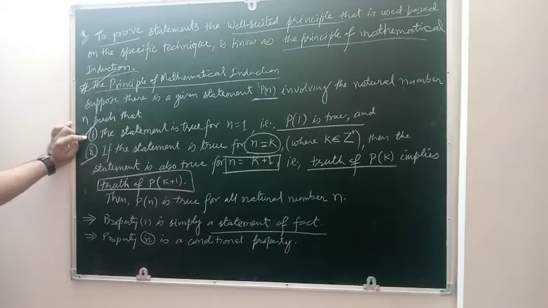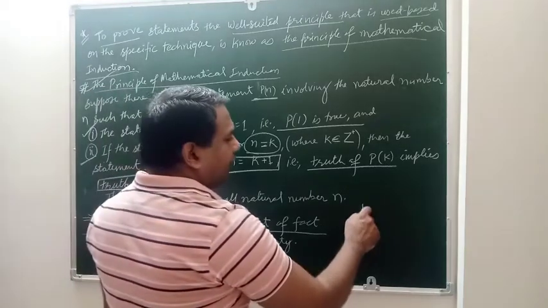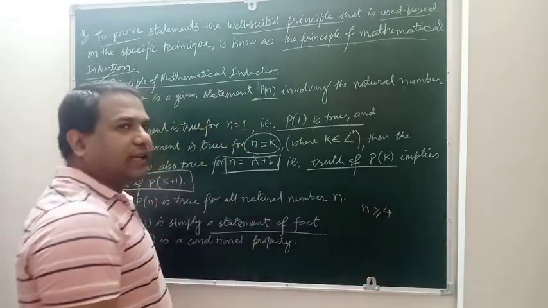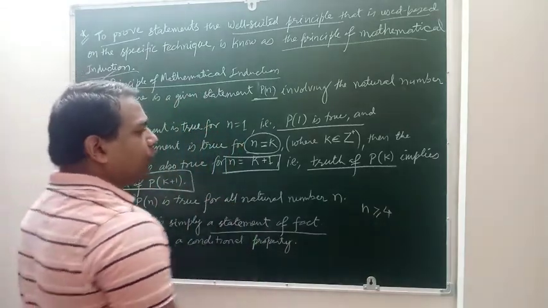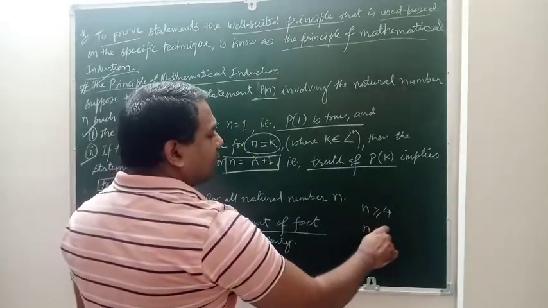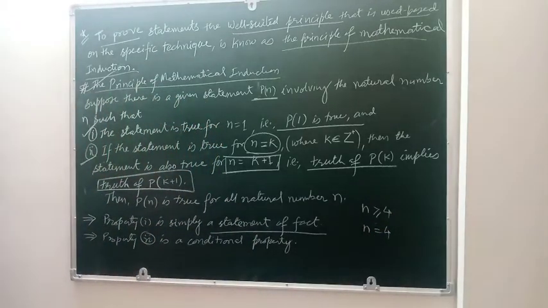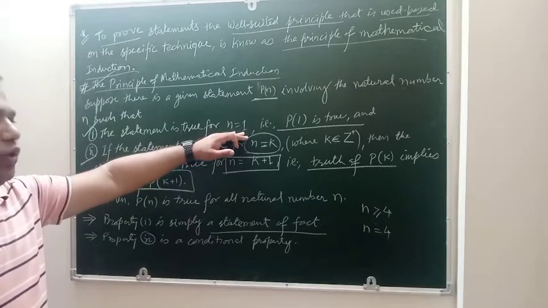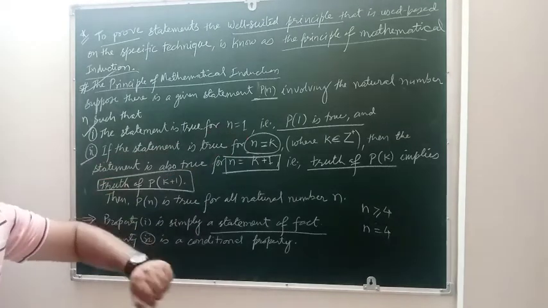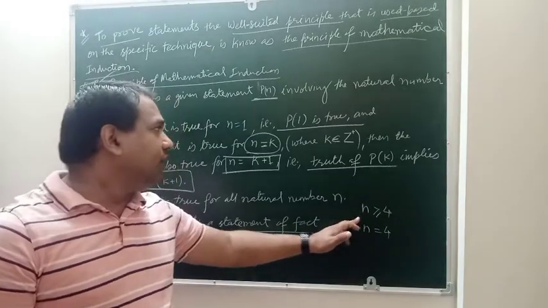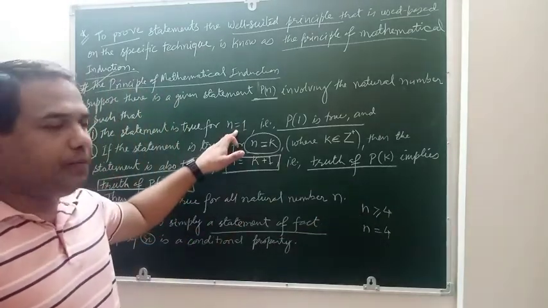Or if the statement is starting from, let us consider, where n is greater than or equal to 4, then we have to start at n equal to 4 instead of n equal to 1. If there is no condition, we will start n equal to 1.